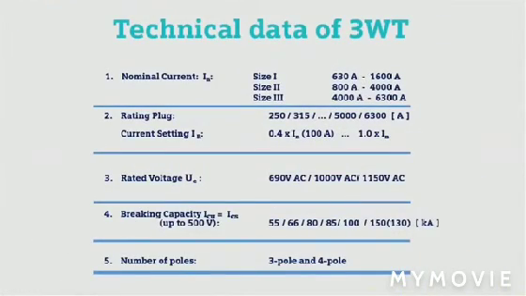These are the technical data for the Siemens 3W ACB. The nominal current capacity is from 630 ampere to 6300 ampere in different sizes. The rating plug is 250 ampere to 6300 ampere in this 3W. Then rated voltage, breaking capacity, and number of poles are given as per different size and make.